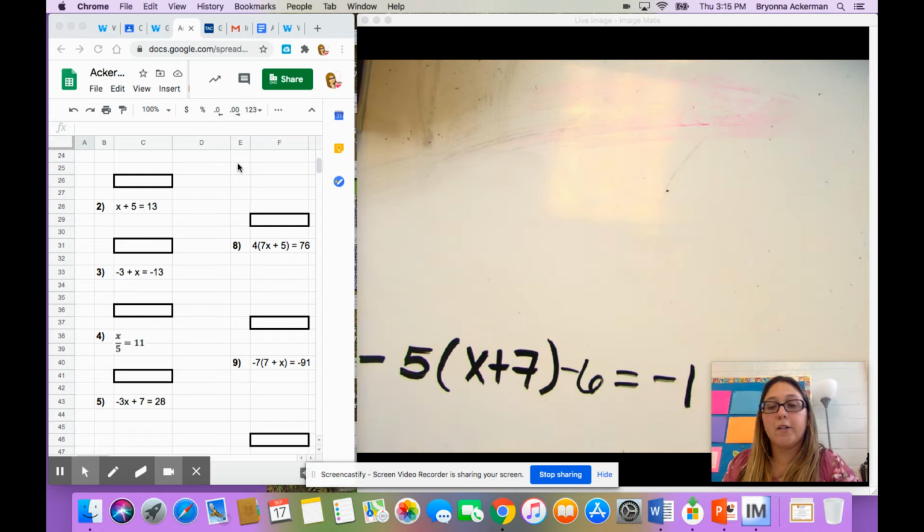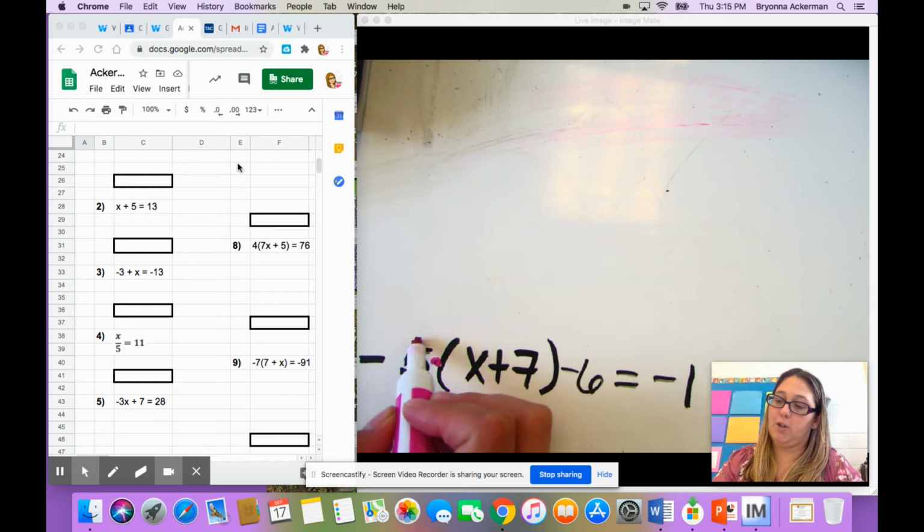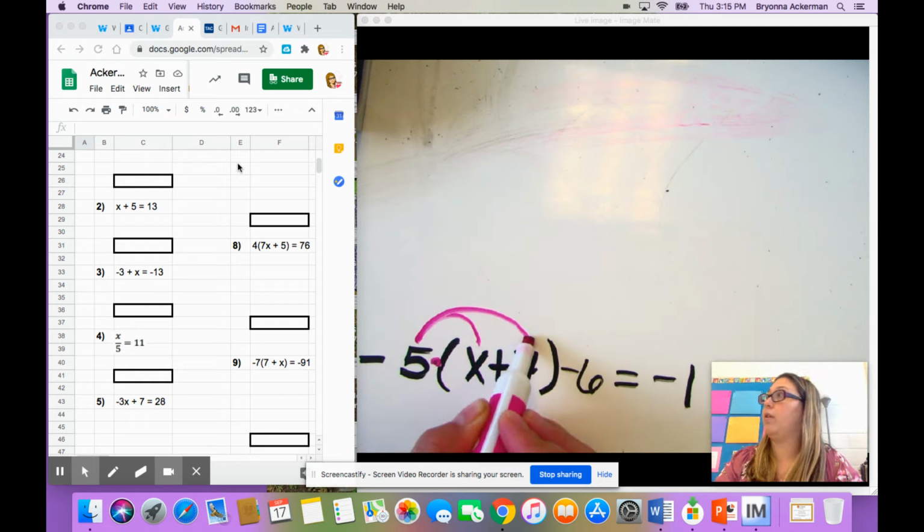And so if we go back to those rules we went over, it says to distribute first. And anytime you see parentheses and there's a number on the outside of the parenthesis with no addition or subtraction, because this has a subtraction, so that's not the same thing. I'm talking about when it's right up against it, that's multiplication. That tells me this negative 5 needs to be distributed to both.